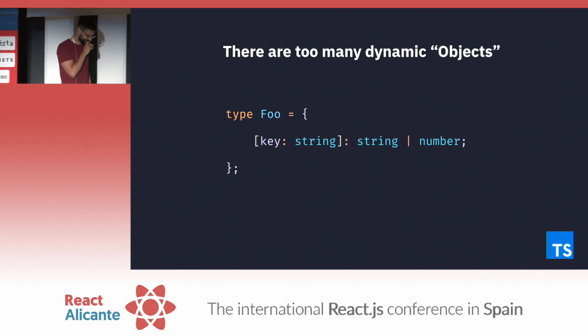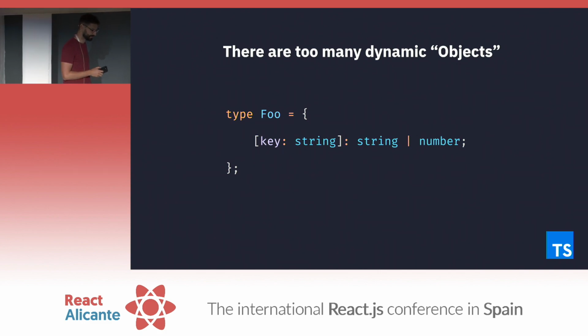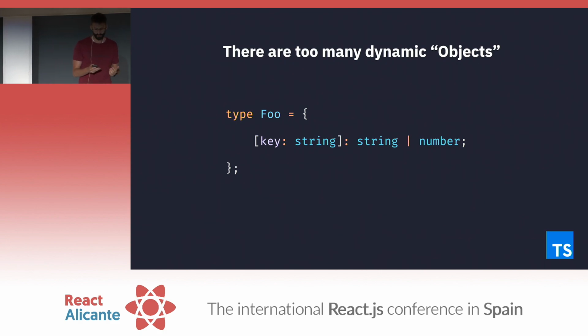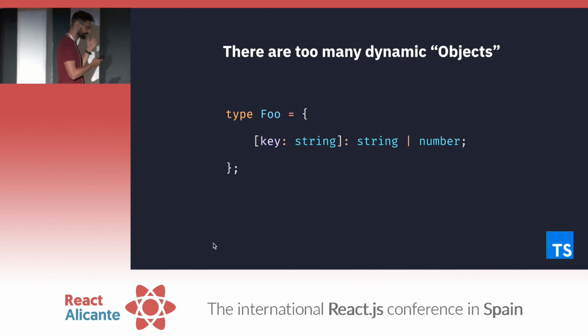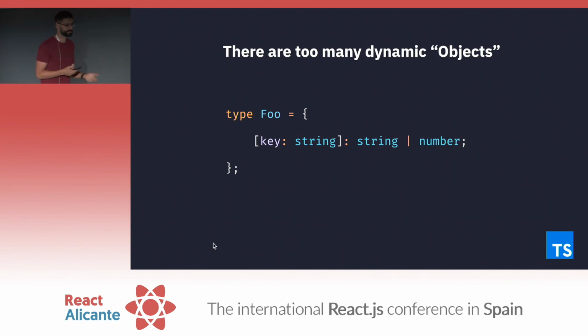One of the other things that I'm not a big fan of in TypeScript is that most data structures in a TypeScript code base, my code base if I write TypeScript, are objects, right? Those objects usually have dynamic keys, so you can have any sort of string key that can contain a number or a value, which is fine.